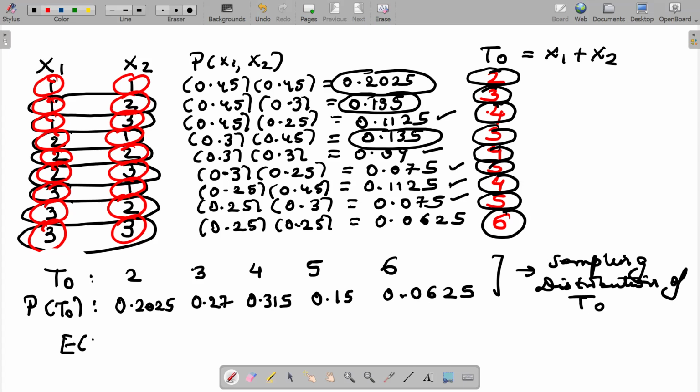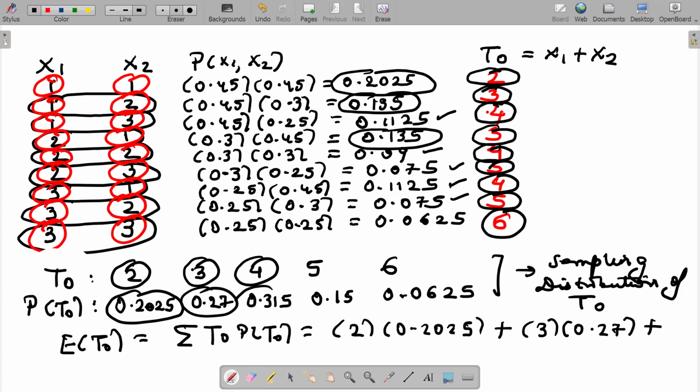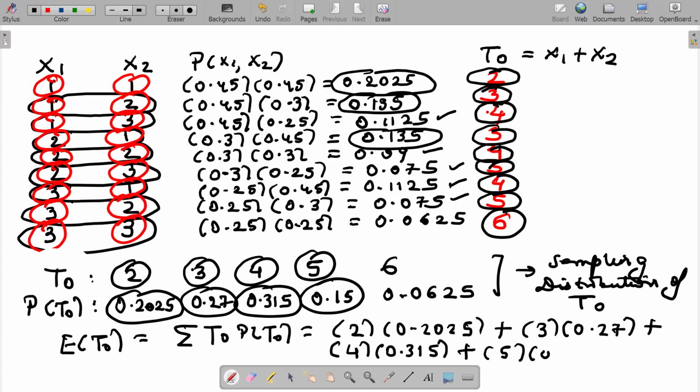And now we have to find expected value of T0. That's very simple. It's just summation T0 into P of T0, which is going to be 2 into 0.2025 plus 3 into 0.27 plus 4 into 0.315 plus 5 into 0.15 plus 6 into 0.0625.